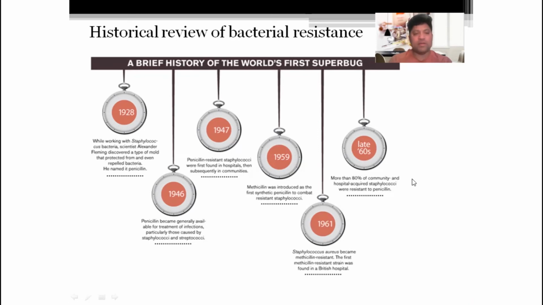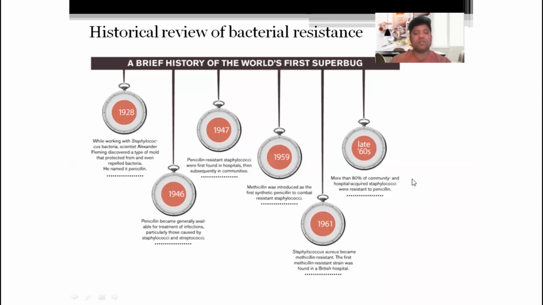That chemical produced by the mold was eventually named penicillin. So Alexander Fleming was the first person who discovered the first antibiotic to kill bacteria in human history.